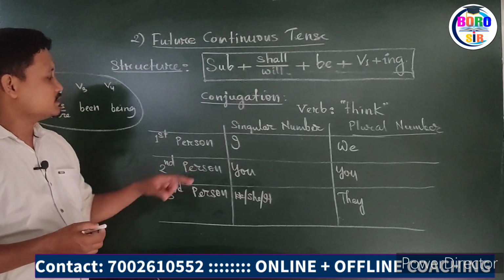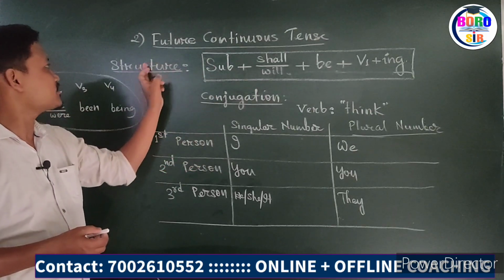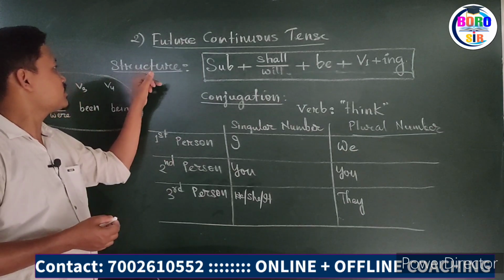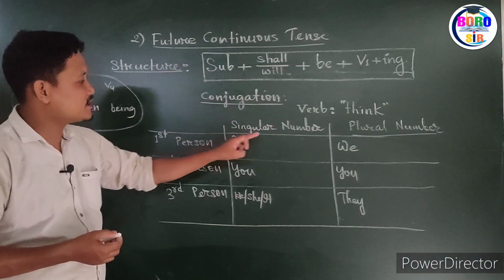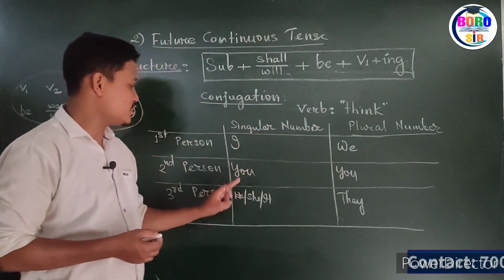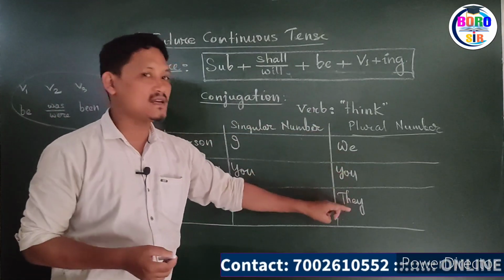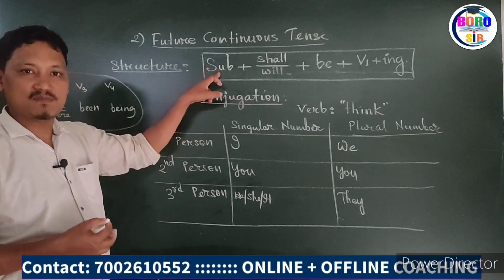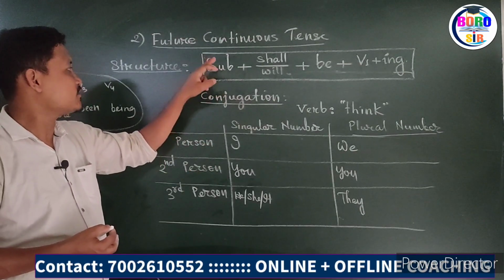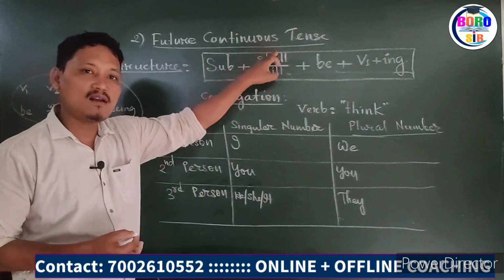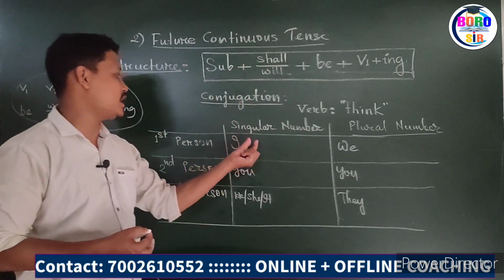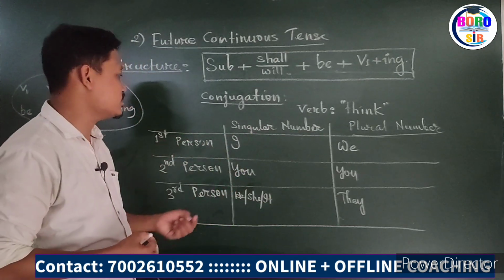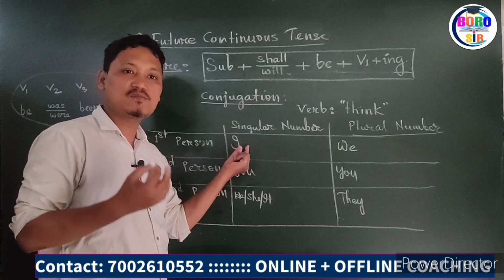Now follow the structure given to you. The structure given to you is subject, so we have already written the subjects here: I, you, he, she, it, we, you and they. This is the subject's place. Then any one of these two auxiliary verbs should be placed here. Which one are you supposed to place here?